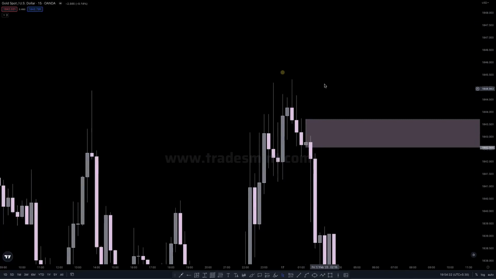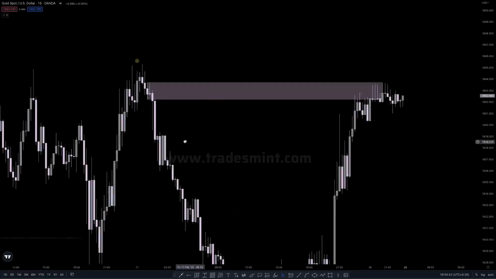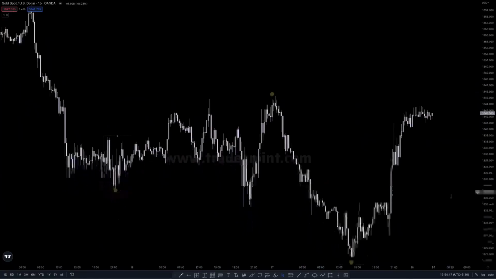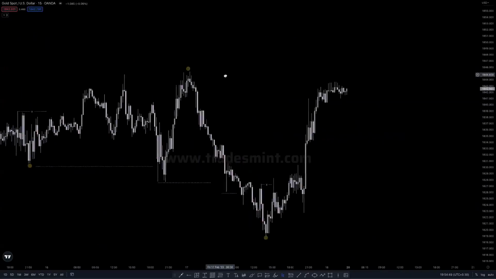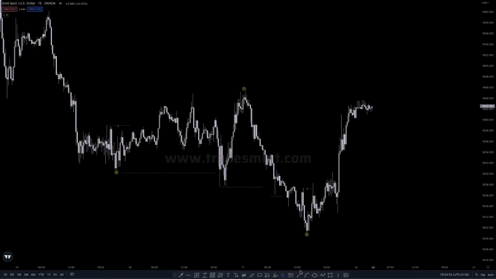So we can't use this one. You can use this entire zone, but this is already mitigated here. So this one, everything is mitigated here, right? So in this scenario, you have to wait for it to break the previous major high, break or chalk, like a sweep, then you can take entry, or if price closes over it, then you can take entry for the buy.